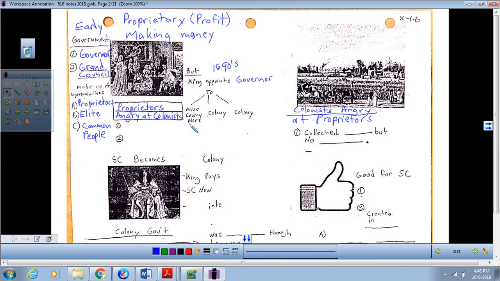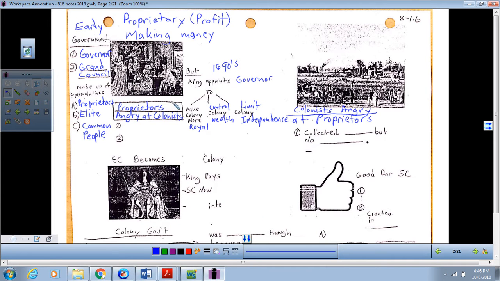And it was to make the colony more royal, to better control the colony wealth, and to somewhat limit the colony's independence.